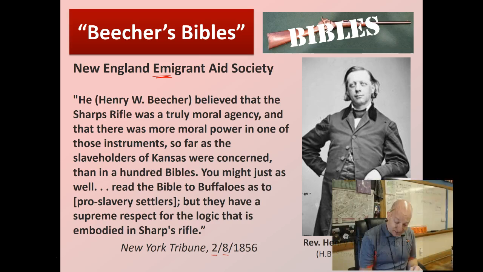And so what he does is he ships thousands of rifles into Kansas, and on the boxes that they're being shipped in, they're labeled as Bibles. Right, getting them across the border or whatever. I don't know if there was a problem or an issue, but they were labeled as Bibles, and when they were opened, it was rifles.